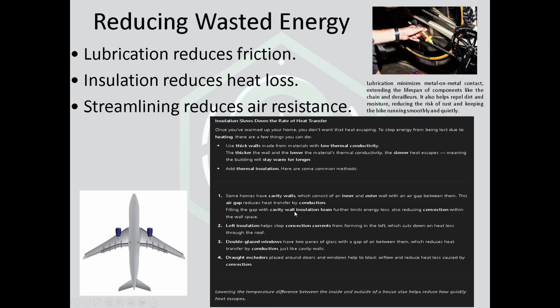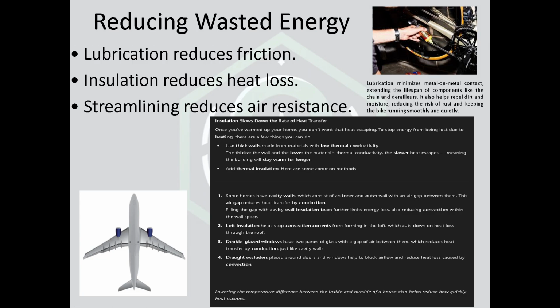Filling the gap with cavity wall insulation foam further limits energy loss, also reducing convection within the wall space. Loft insulation helps stop convection currents from forming in the loft, which cuts down on heat loss through the roof. We also have double glazed windows, which have two panes of glass with a gap of air between them, which reduces heat transfer by conduction, just like cavity walls.